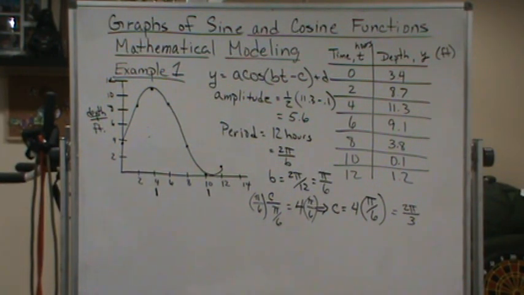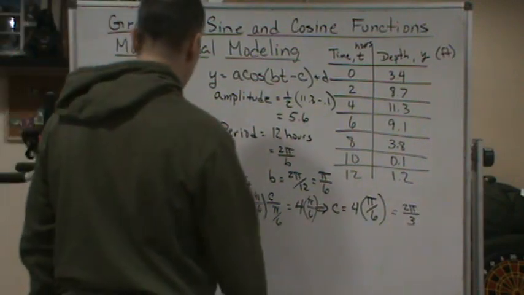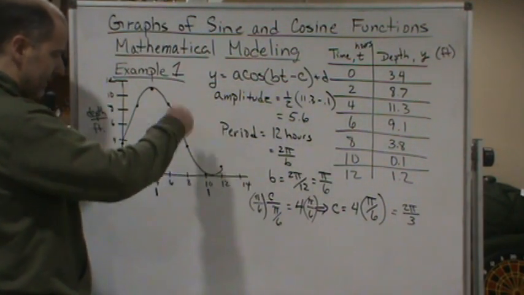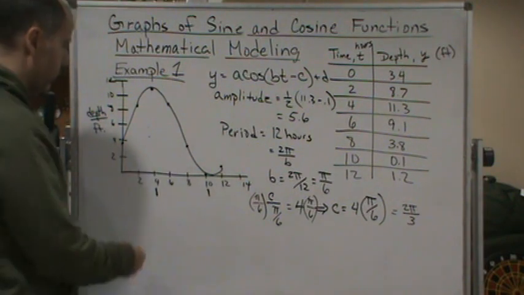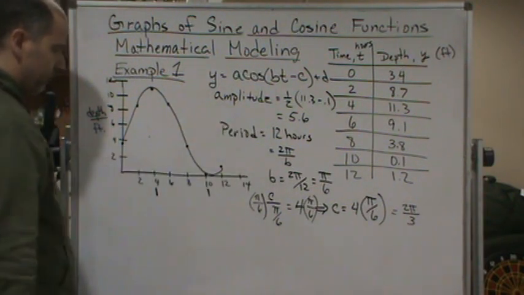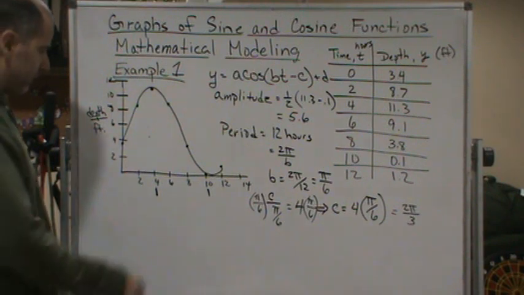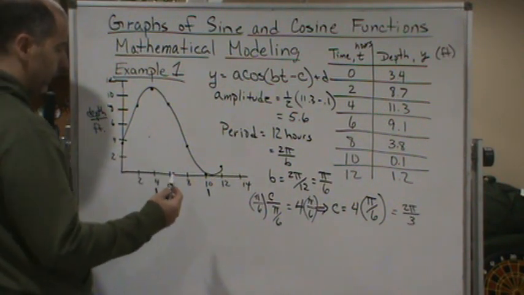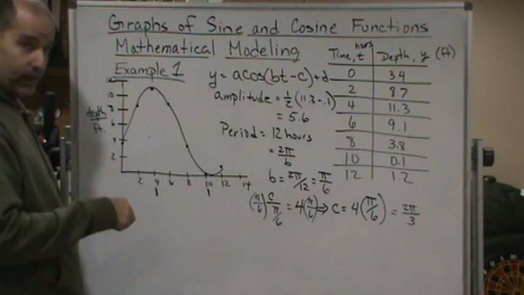Okay, now the last thing we need is D. How are we going to find D? Remember, D is the line that this oscillates around. So that's easy. All we have to do is find the middle of the range. We know how to find the midpoint: you add the max and the min and divide by 2.